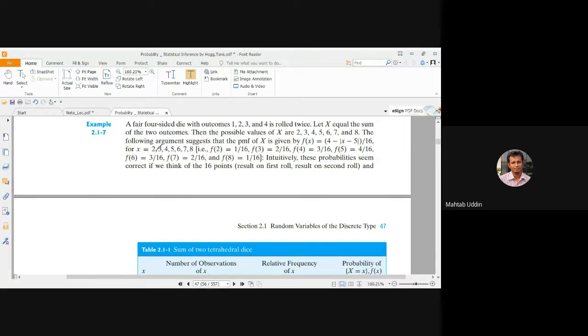Once again, rolled twice, so once again the total outcomes are 16, right? Let x equal the sum of the two outcomes. Now not maximum, not minimum, this is now the sum. Then the possible outcomes, the probabilities, PMF, then line graph, histogram. Okay.